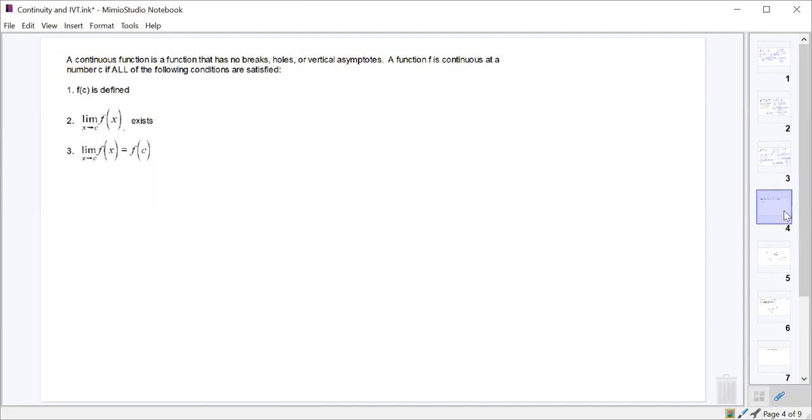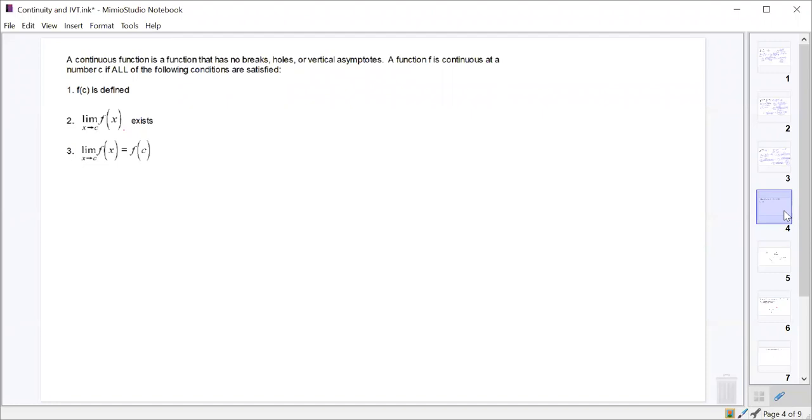The first is the function has to be defined at that point, which seems pretty self-explanatory, right? A function can't be continuous at a point if the point doesn't exist. The second thing is that the limit as x approaches c, whatever that point is, has to also exist.